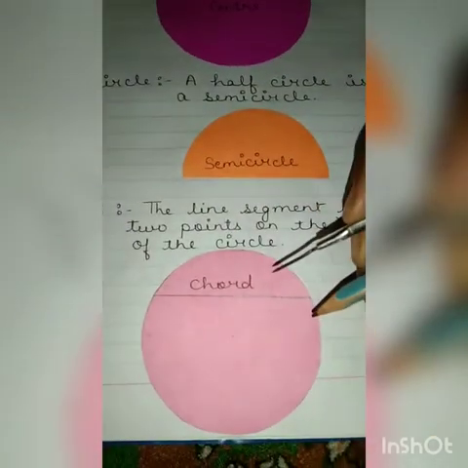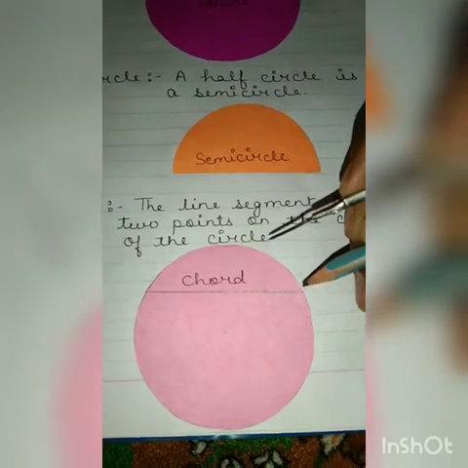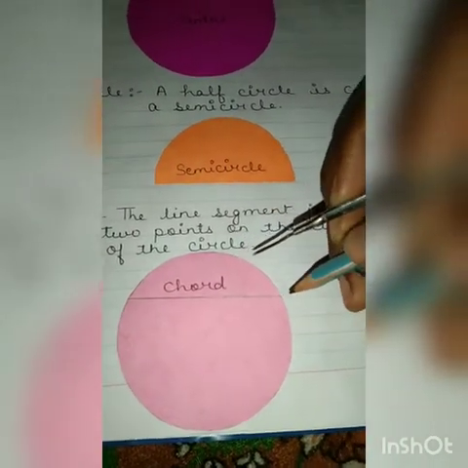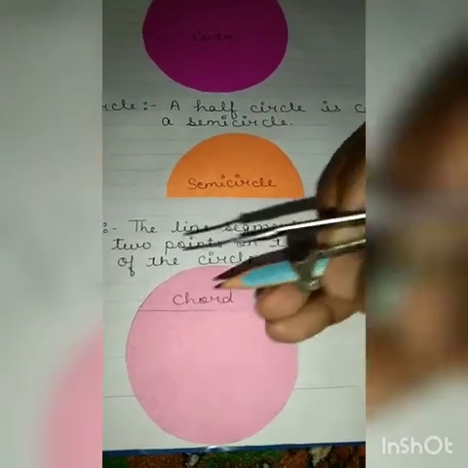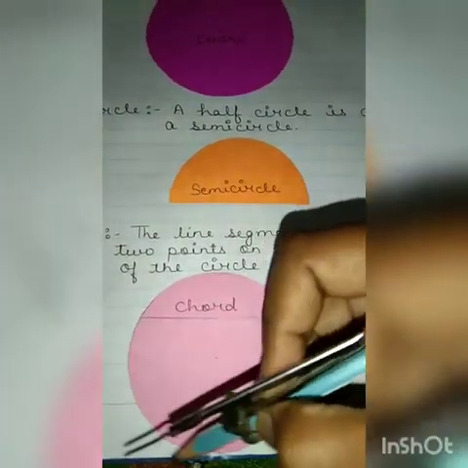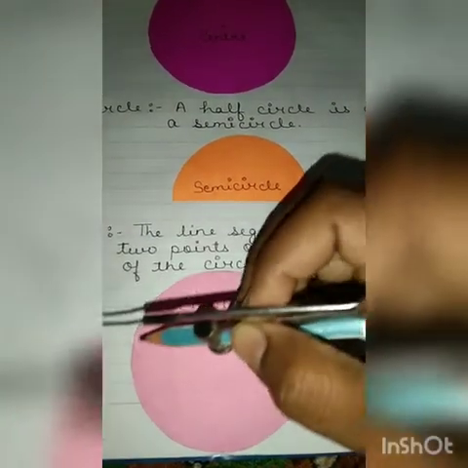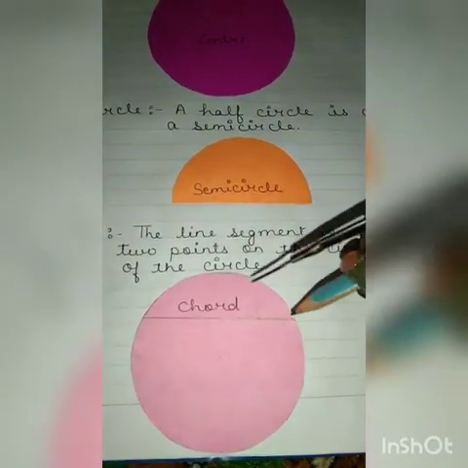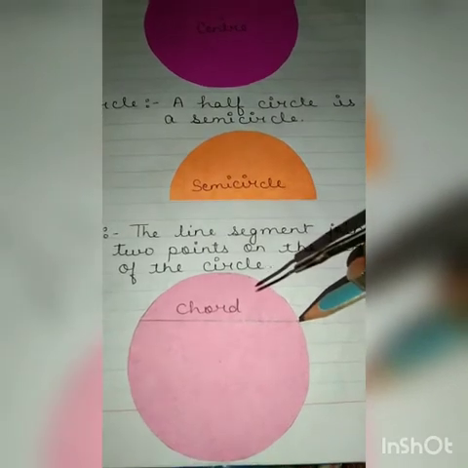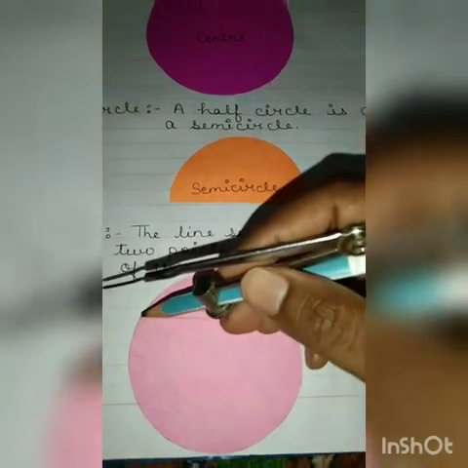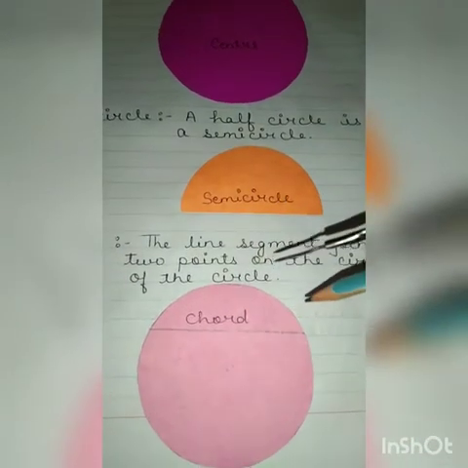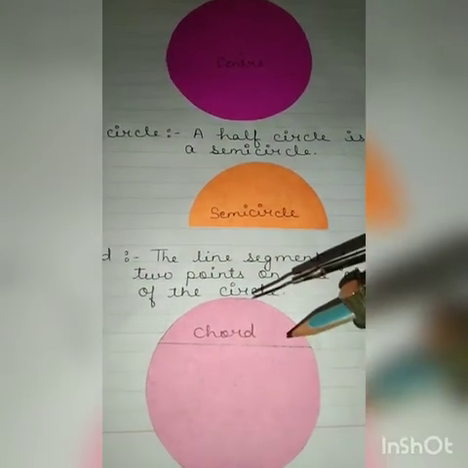This is the circle and this one is the chord. This is the line segment joining 2 points of the circumference. This outer part of the circle is known as circumference, and this line is joining one side of the circumference to the other side. So this is the chord.